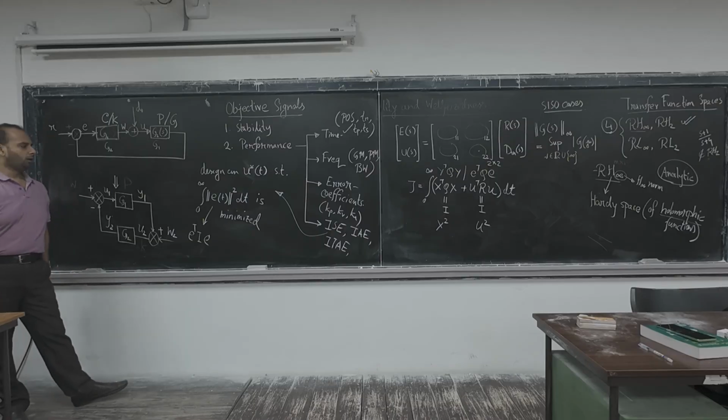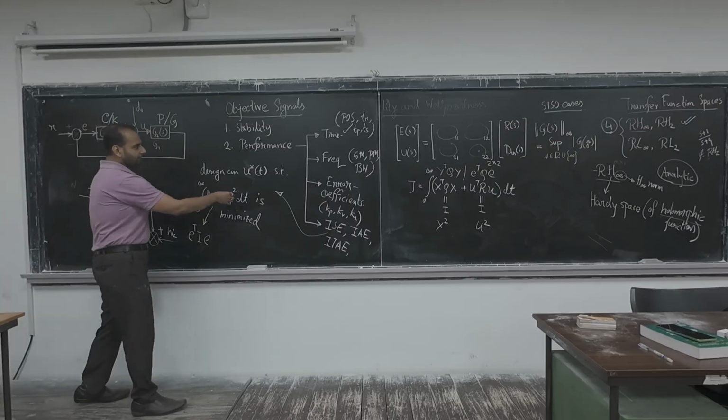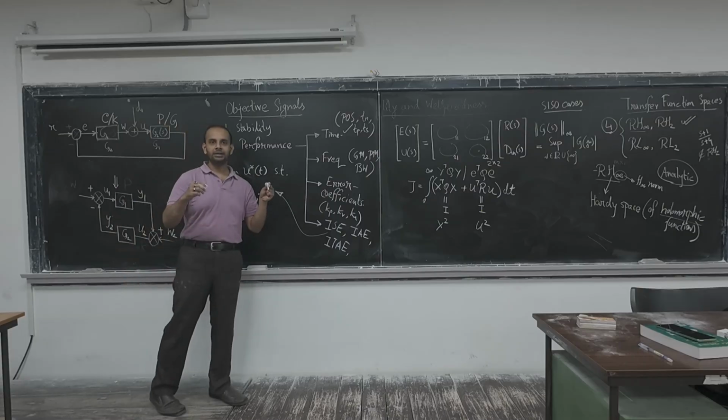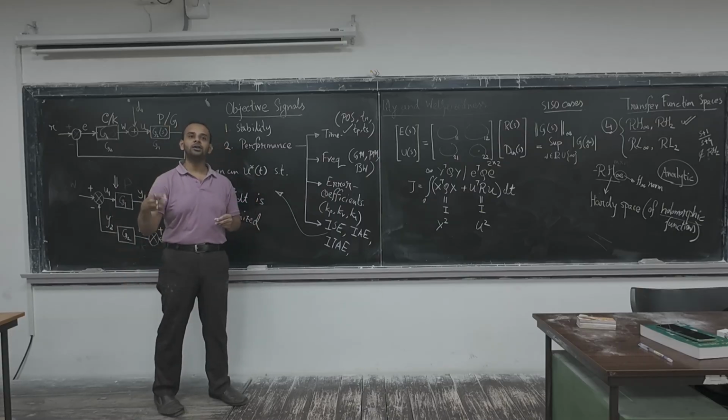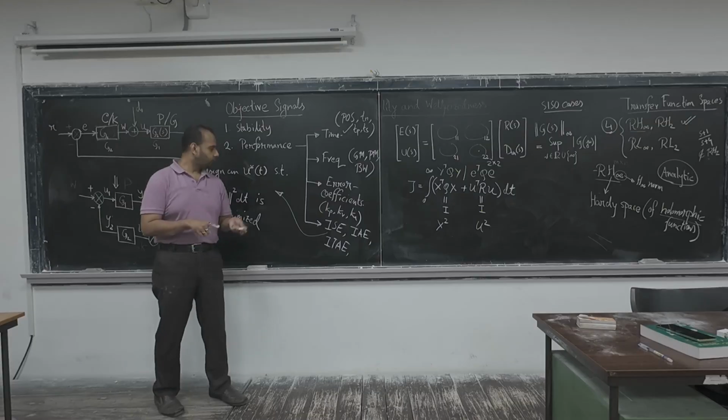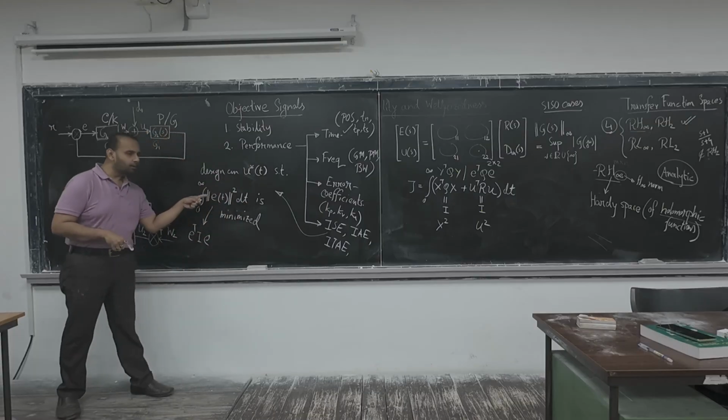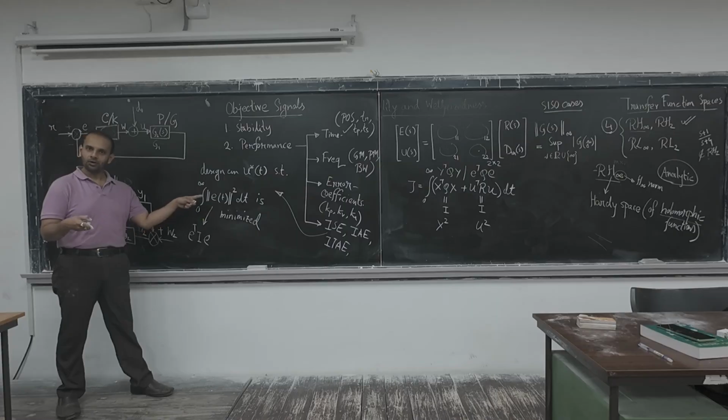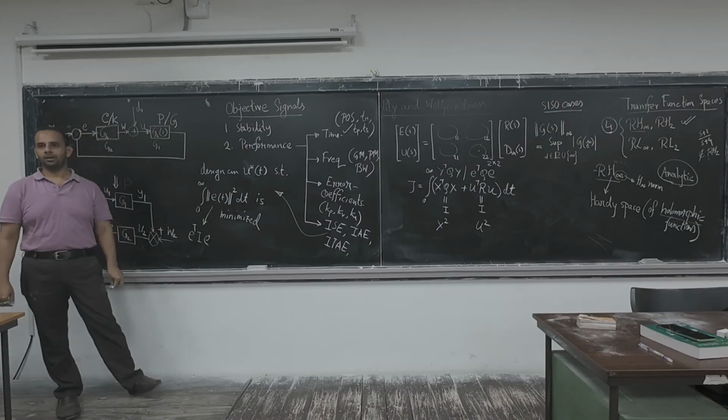Okay. So these are all different types of objectives which we are trying to attain, performance related, right? In that case, on which variable are we trying to achieve? On E, right? So E is the objective variable.